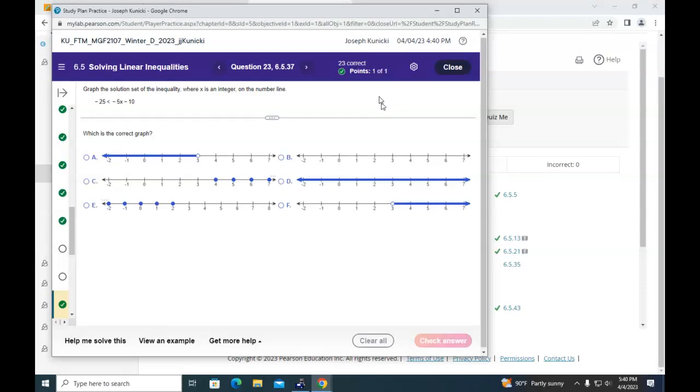And when I divide by negative 5, the arrow changes direction, so I get x is less than 3, which is what we got here. So it doesn't matter which way you do it, and this is integers. So if it's less than 3, then it's 2, 1, 0. So it's E, right? Because we're not including 3. It's less than 3. So that's why.